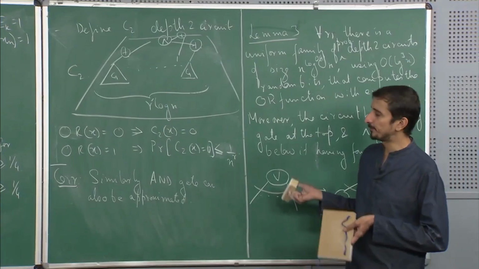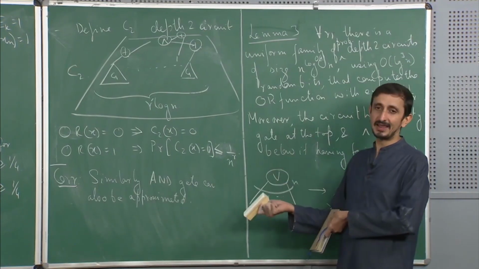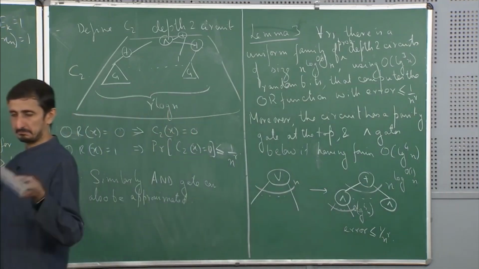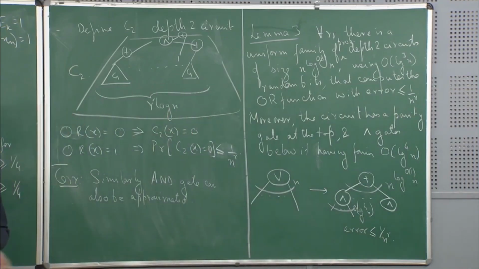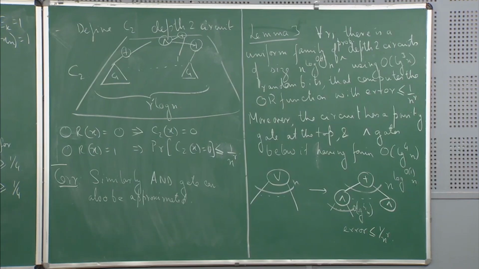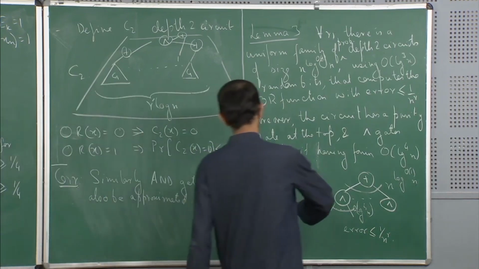Now actually what have we done? We have just shown how to approximate an OR gate and how to approximate an AND gate, but now an AC0 circuit has a more complex structure, right. So how do I get a depth 2 circuit or a depth 3 circuit from AC0?